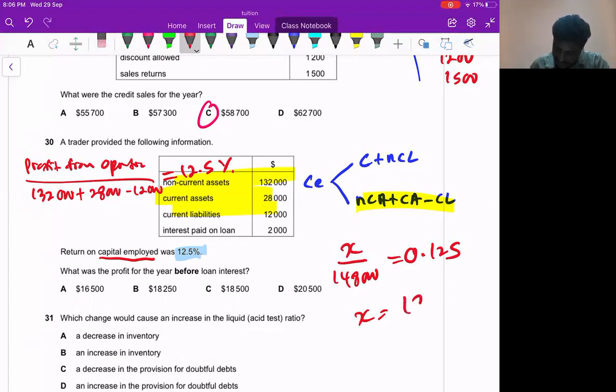I get 18,500. So X equals 18,500. You know, right? Profit before the loan interest is actually profit from operation. It's the same thing. So the answer is C. Understand?